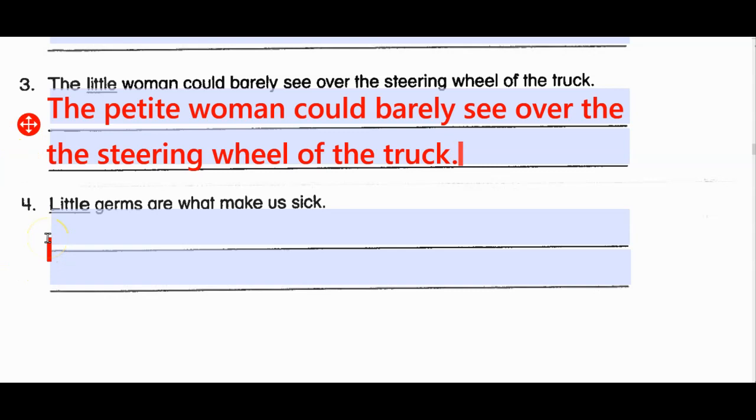Little germs are what makes us sick. What would I use for little germs? Microscopic. Because I would need a microscope, get it, to look at little germs. It's MICRO, right? What else?